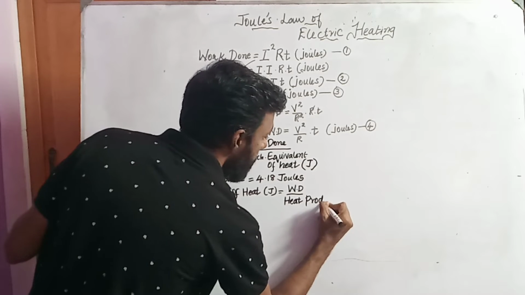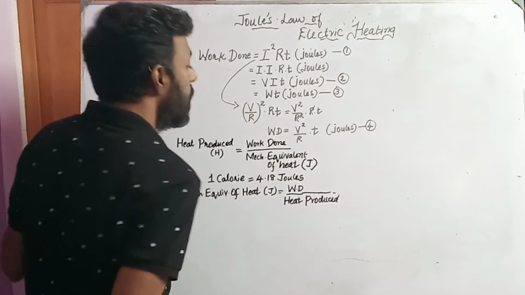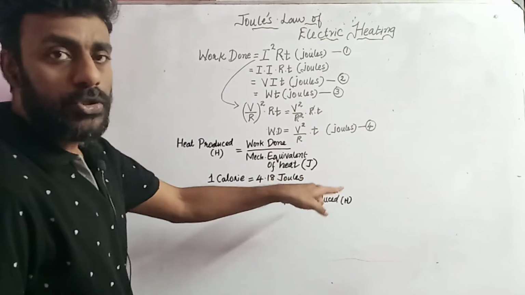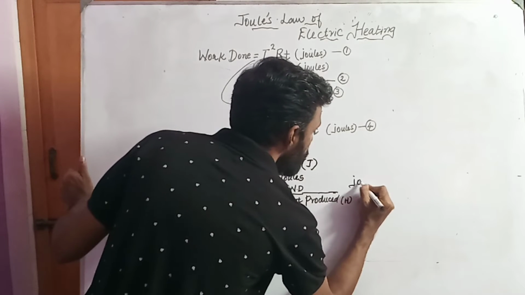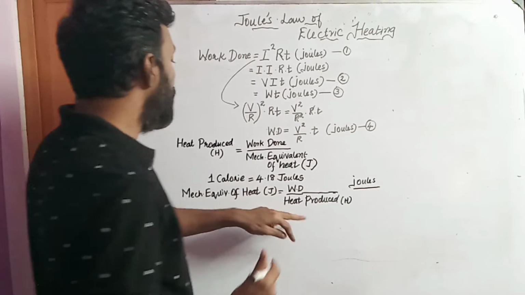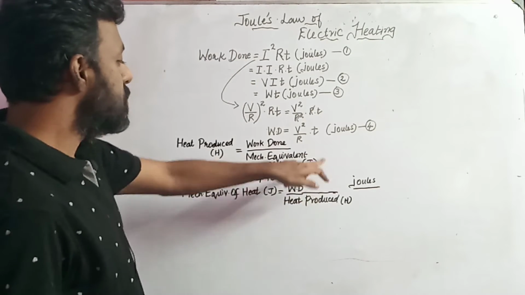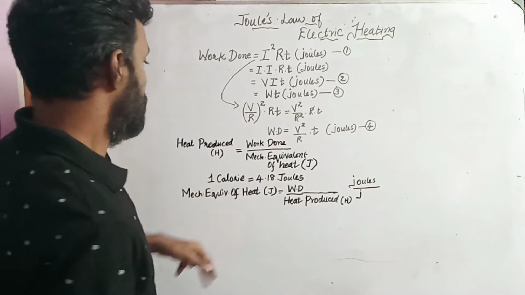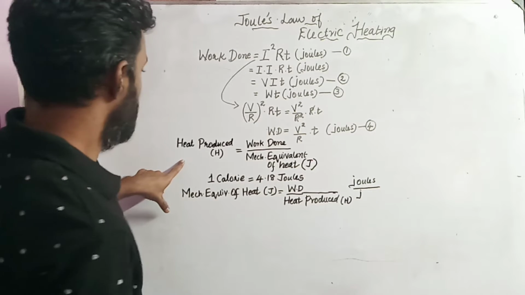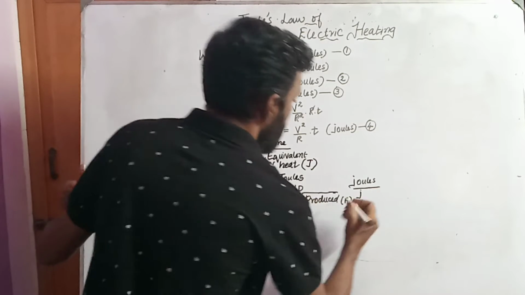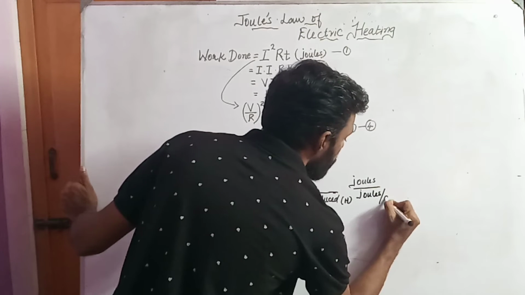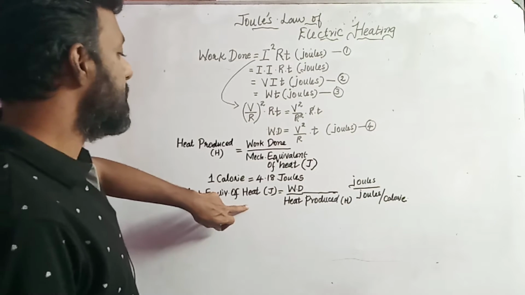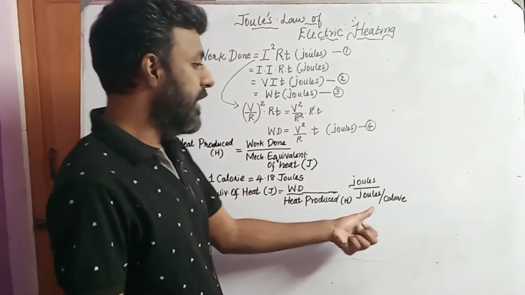Work done is WD, heat produced is H. Work done will be expressed in joules, divided by heat produced, which will be expressed in calories. So this is how it will be expressed: the mechanical equivalent of heat is nothing but joules divided by calorie.